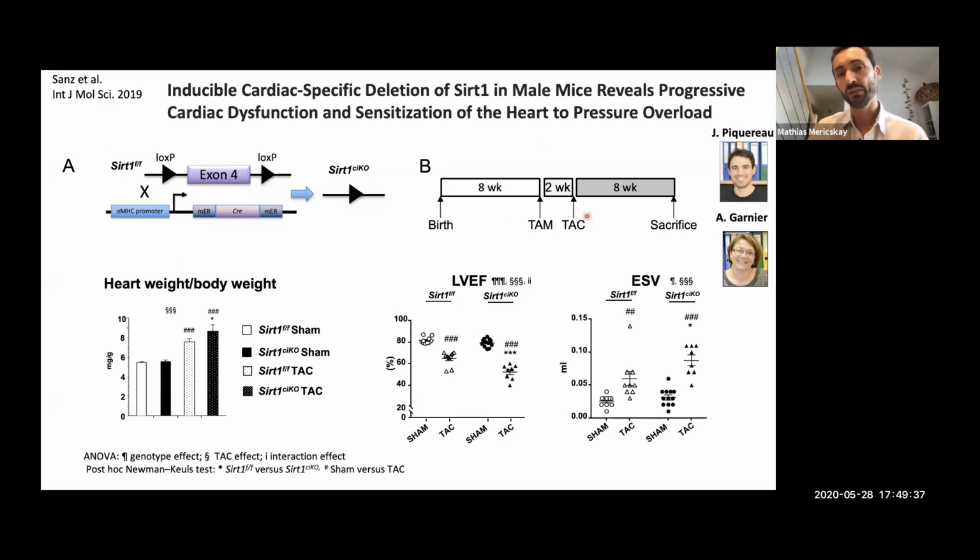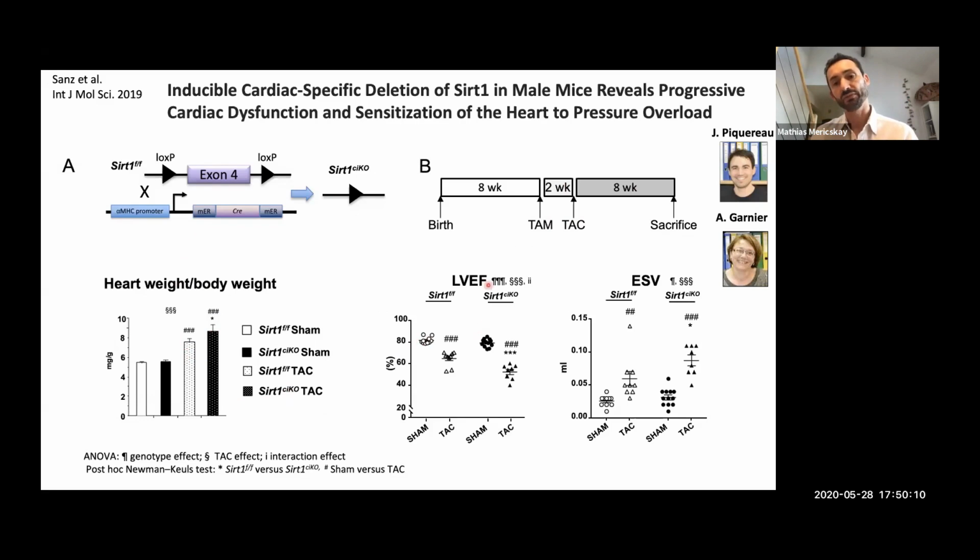But mostly, maybe what is most striking is when you subject them to a stress, such as pressure overload triggered by TAC, 2 weeks after triggering the deletion of SIRT1, and follow up for a period of 8 weeks. As you can see, this procedure, which is known to induce cardiac hypertrophy, is inducing cardiac hypertrophy to somewhat a similar level, but a little bit more in the SIRT1 KO TAC compared to the SIRT1 flox mice that we use as control, so they had no Cre engine.